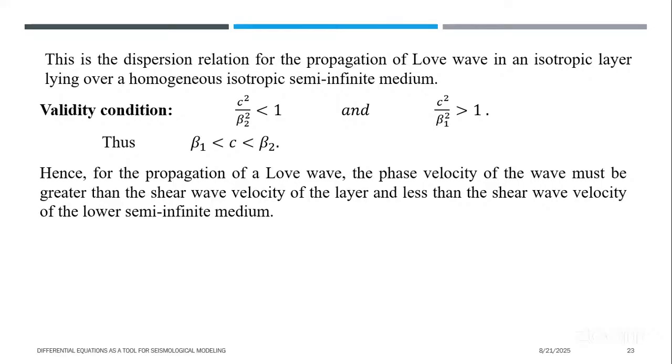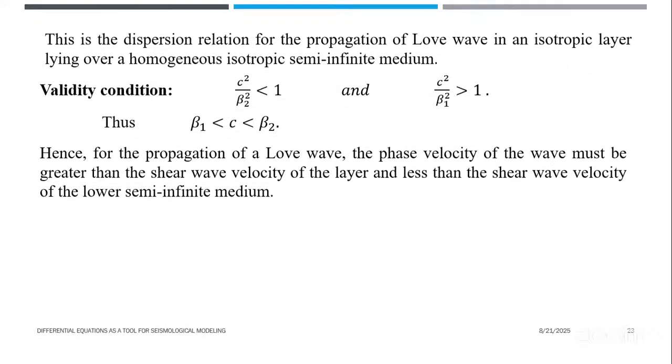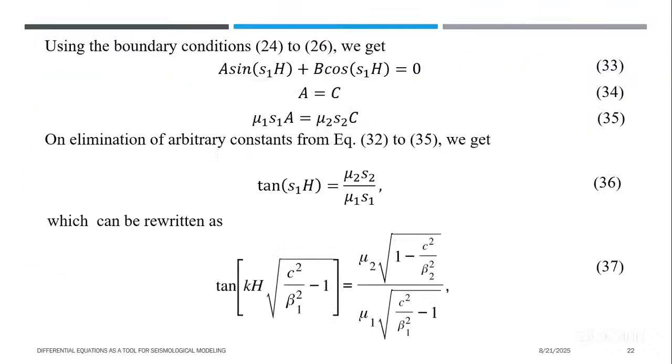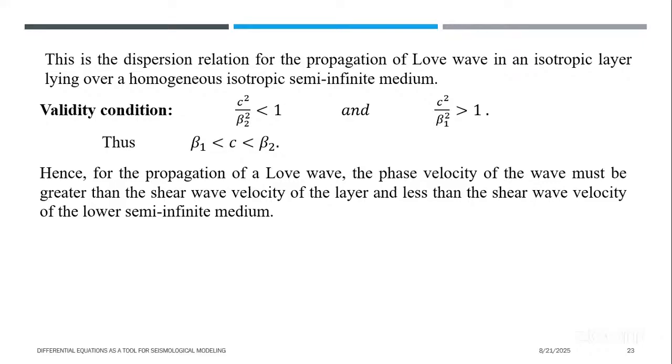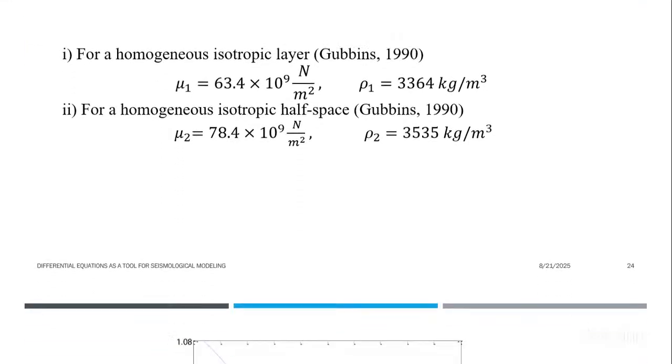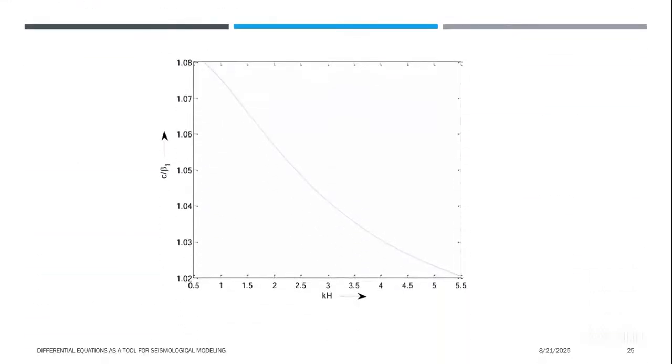Now, if we simply go for plotting this dispersion equation of the Love wave, we need some data. From The Little Book on Planet Earth, if we take the data for the Earth's crust as this, mu1 and rho1, mu2 and rho2, we finally get a curve like this.